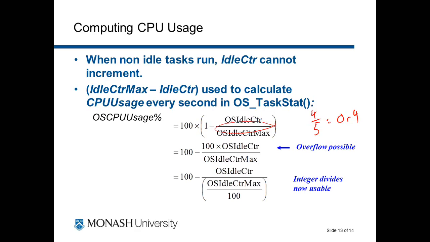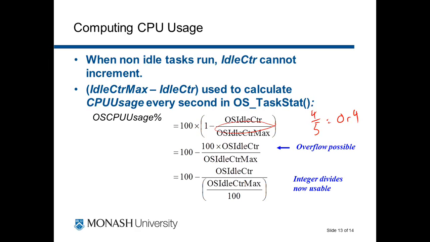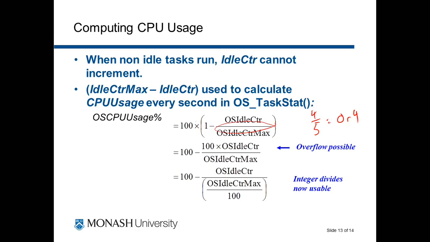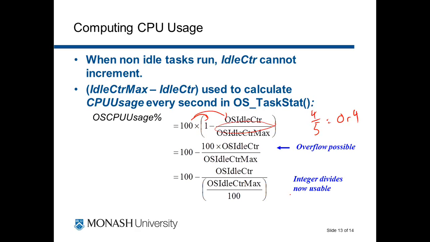So getting 0 all the time, or 100% usage, is not correct. So instead we just throw in the algebra, stick the 100 inside. Unfortunately, then you can potentially get overflow, so we do a division beforehand. So this is just moving the 100 to the bottom. So we first do this division of our max counter, and then we can work out usage.